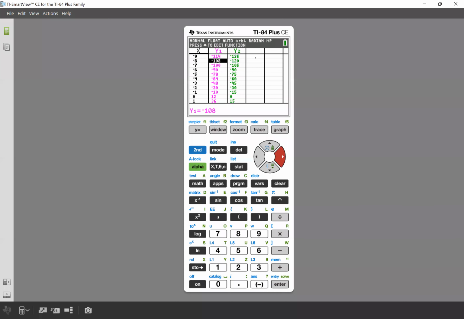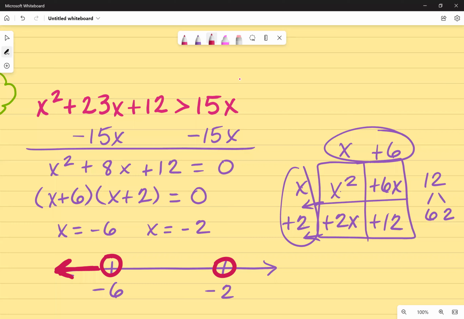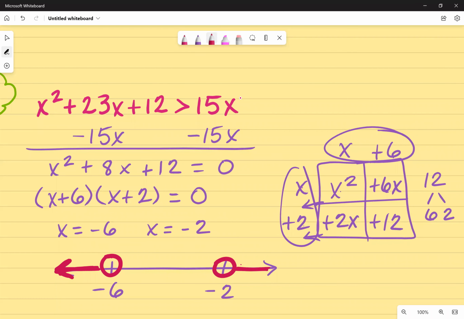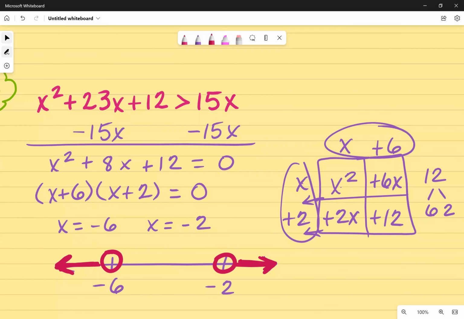And I can go ahead and check in between -6 and -2. Let's just grab -4. Is -64 greater than -60? No, it is not. And then finally, I can check any number after -2. I will go with 0. It's just easier. Is 12 greater than 0? Yes, it is. So that means that any number on this side is also included in my solution.